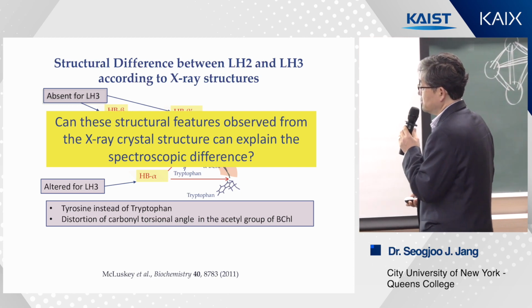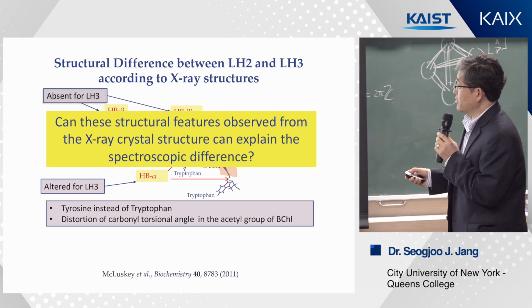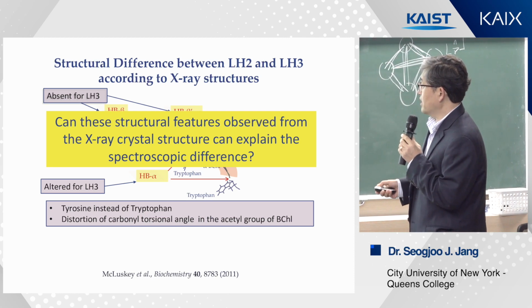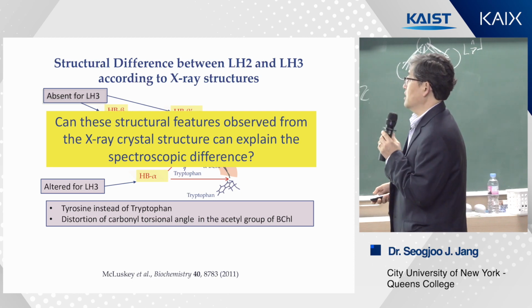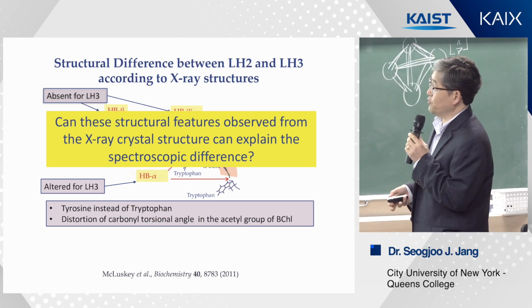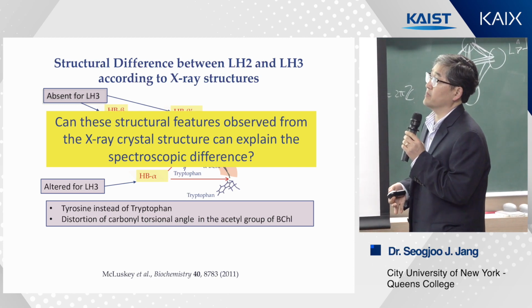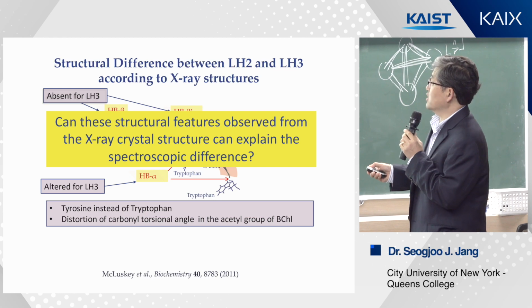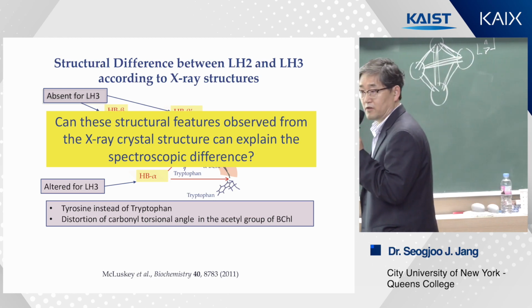Another important thing is that in LH3, especially the alpha bacterial chlorophylls are distorted a lot. So it was argued that these structural differences are responsible for the spectroscopic difference.